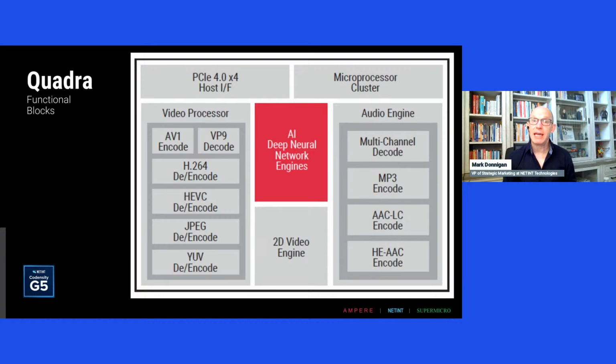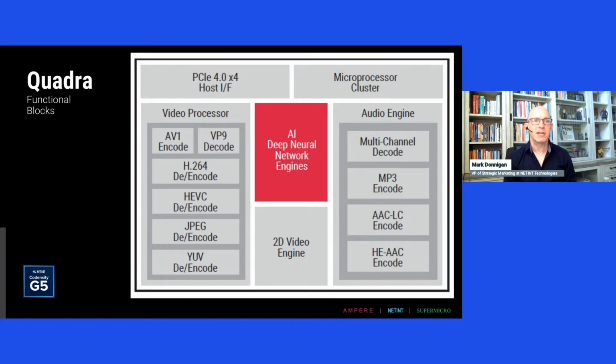We also have the 2D engine. The 2D engine is for cropping and scaling. So if you need to create a transcode, you can do all that right on the chip. So you could bring in a high resolution, high bit rate stream, maybe 4Kp60, and then you can create a transcode of multiple ladders all inside the silicon. Very, very efficient.